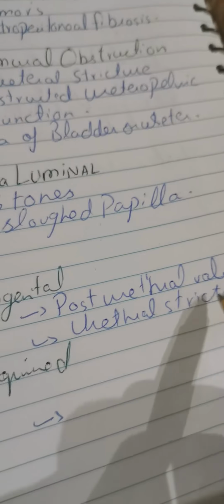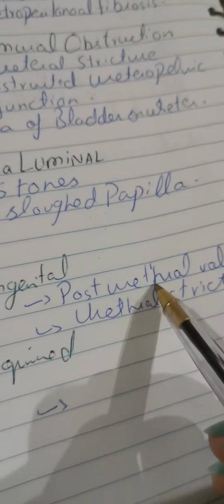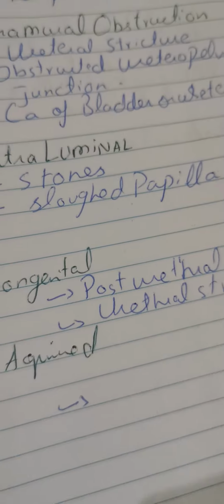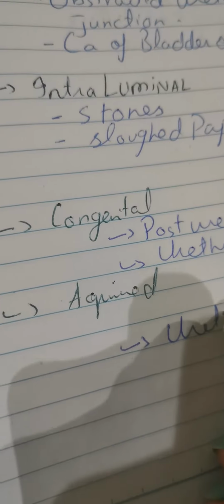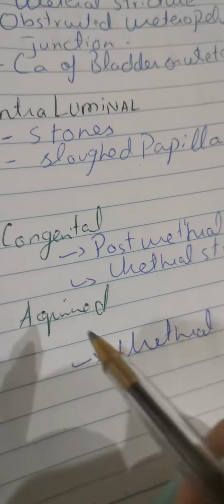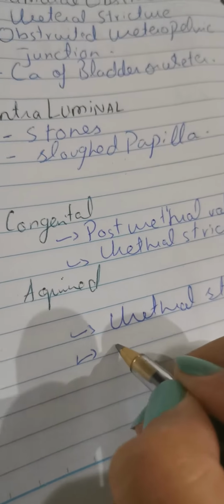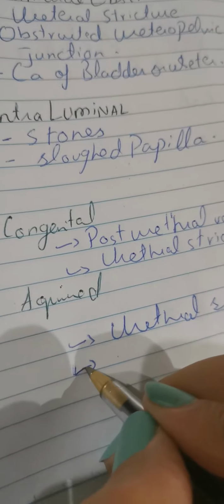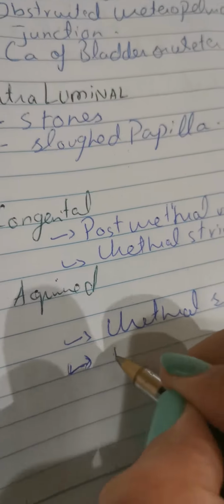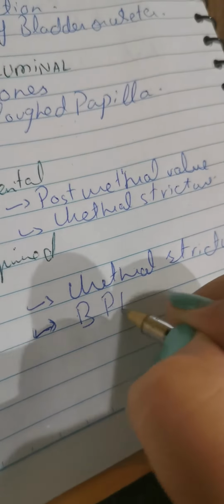There's a stricture that is congenitally present, or there's a posterior urethral valve, which is a congenital abnormality. And acquired causes include, again, urethral stricture, because urethral stricture may be acquired as well as congenital. And there is another cause of obstruction, ureteral obstruction, and that is BPH.